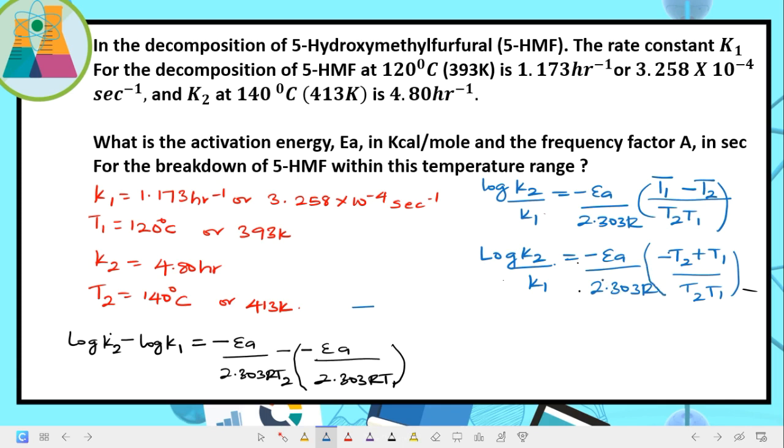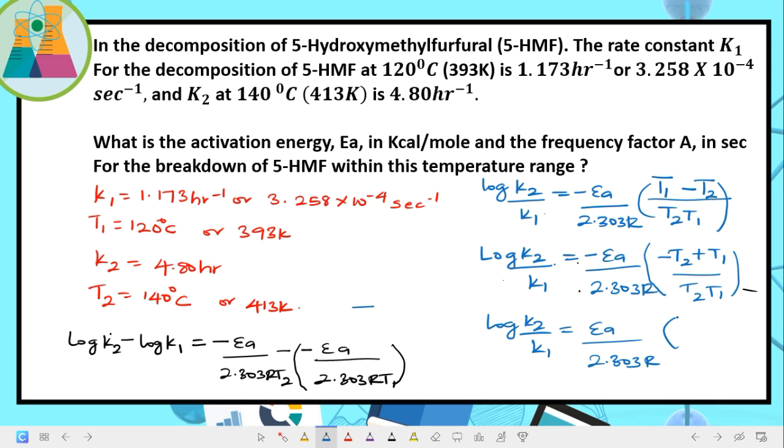And then at the end of the day, if you use minus to multiply everything here so that they will fit in, this whole thing will give us log K2 over K1 is equal to, what are you going to have here? If you use the minus to multiply this, it gives us positive EA all over 2.303 R, bracket.